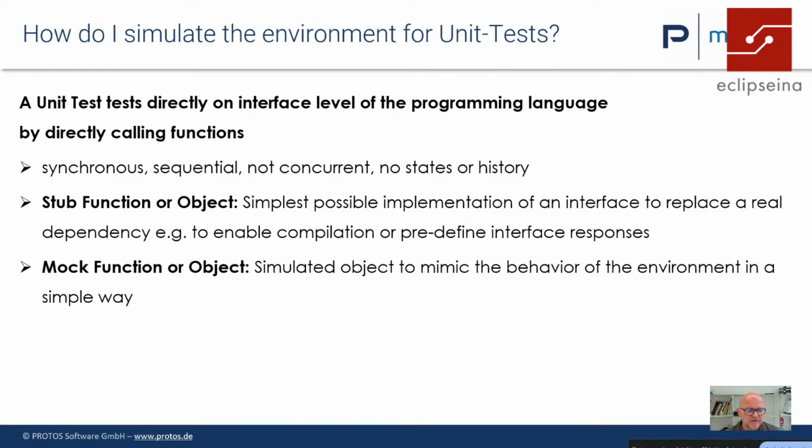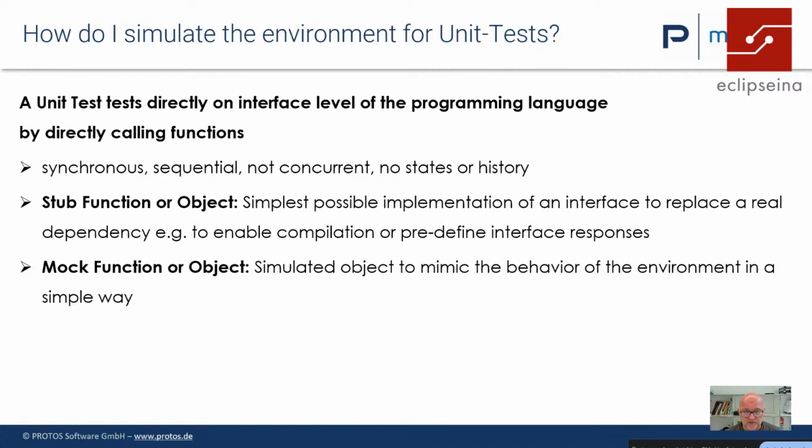In a unit test, usually you simulate the interface directly on the level of a programming language by directly calling functions. So it's synchronous, sequential, not concurrent, no states or history, or at least not much. You usually create stub functions or objects that emulate the behavior of the environment.